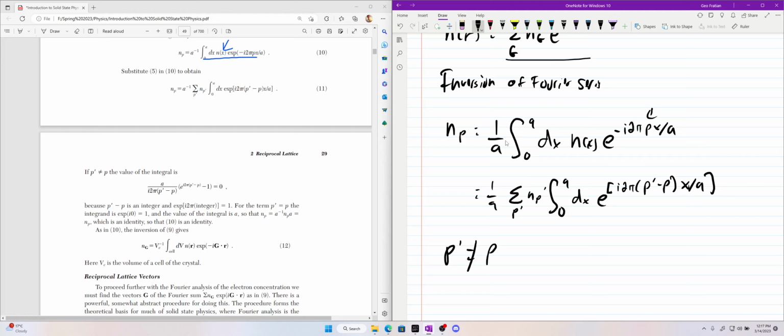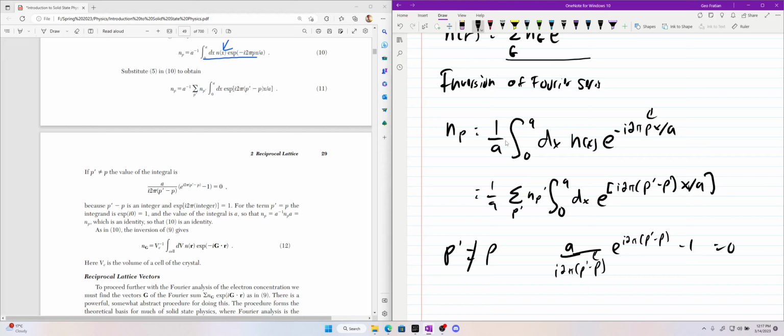So if P prime does not equal P, so let's say for example we have 6 minus 5, that's going to give me a non-zero in the exponent, right? Then the value of the integral is going to be A over i 2 pi (P prime minus P). This is non-zero. e to the i 2 pi (P prime minus P) minus 1.